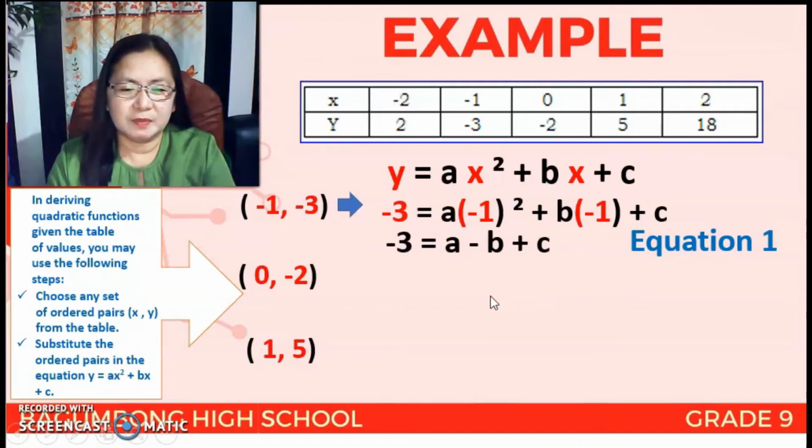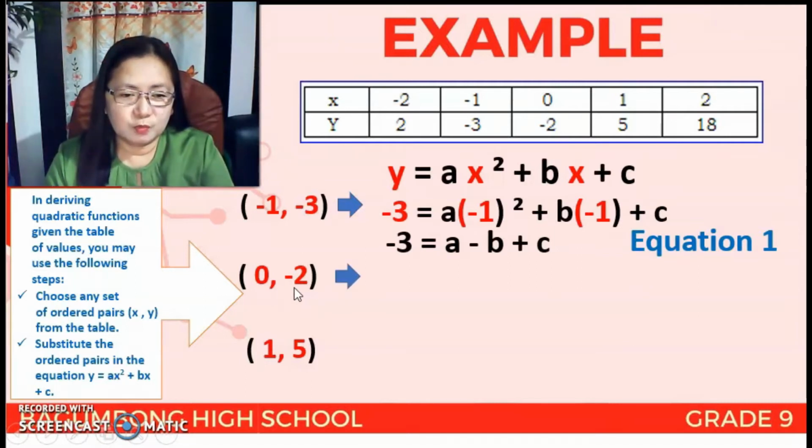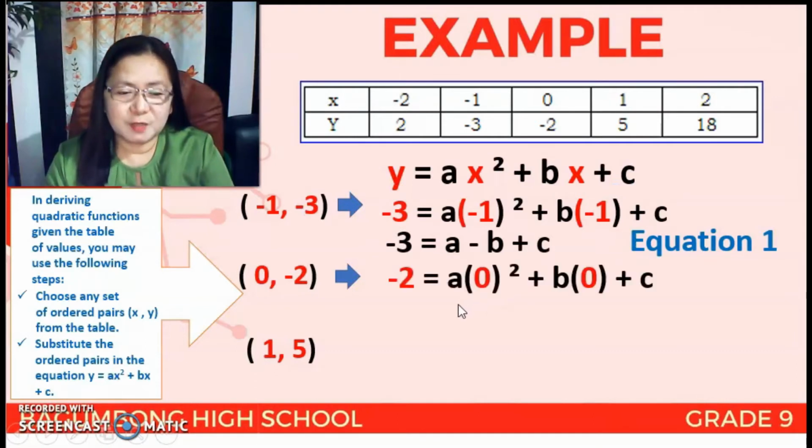Equation in 3 variables. For the second ordered pair, 0, negative 2, the replacement for y is negative 2 and the replacement for x is 0 in the equation y is equal to ax squared plus bx plus c. Substitute. So we have negative 2 is equal to a times 0 squared plus b times 0 plus c.